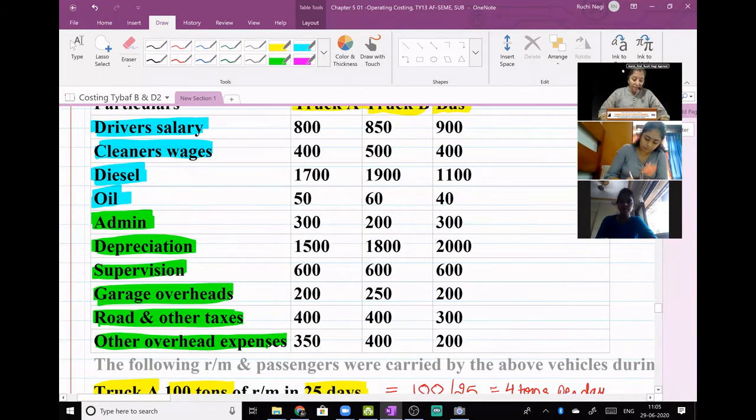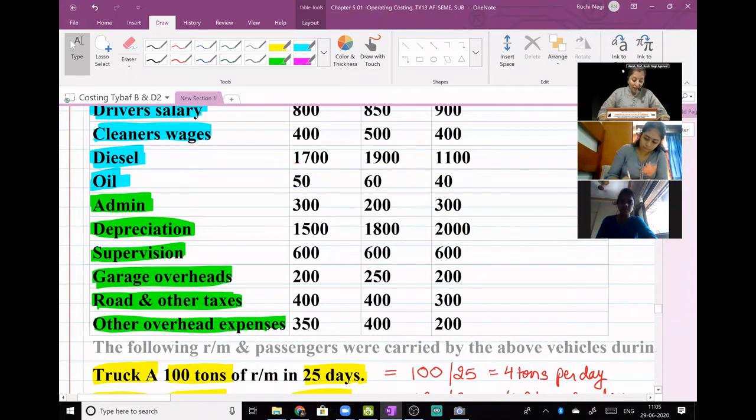Admin overheads, depreciation, supervision, garage rent, road and other taxes, other overhead expenses are all fixed cost. Okay. Now students, other overhead expenses can be debatable. If a student assumes it to be other variable cost, he can put it under variable cost, but then you have to give a note for it.